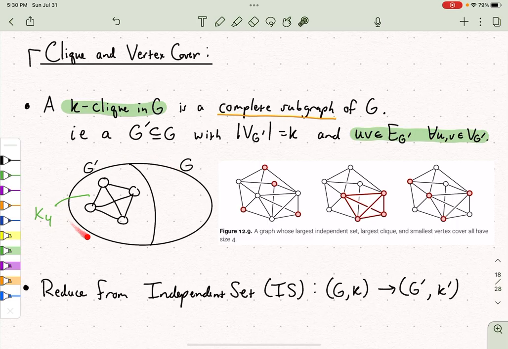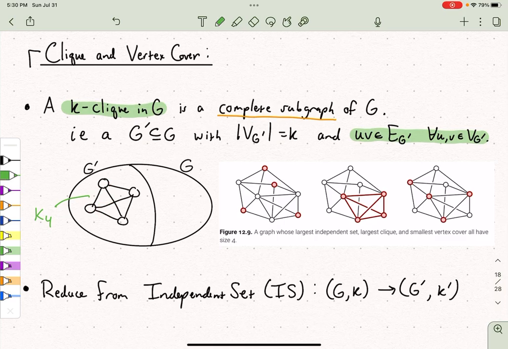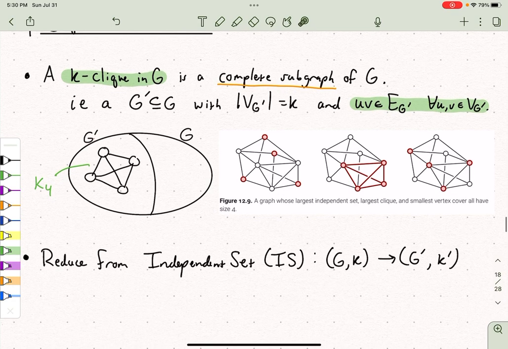So in general, for the clique problem, we have a graph G, and we want to find a complete subgraph, G prime, with k nodes, and each possible edge is between those k nodes. These could also have edges to the rest of the graph, but we really don't care about those. We only care about the edges that appear amongst nodes in the subgraph G prime. So that's our goal, basically find a very large clique.